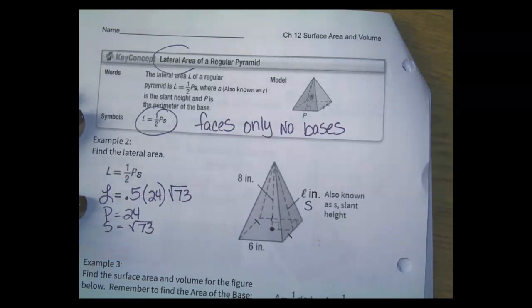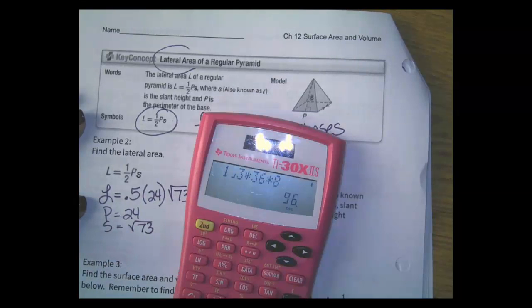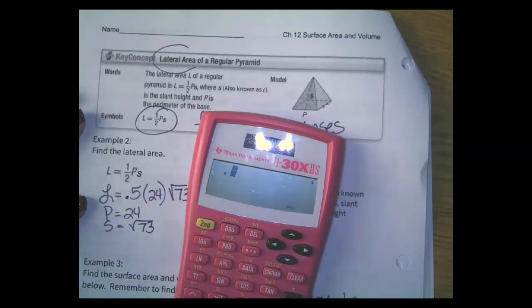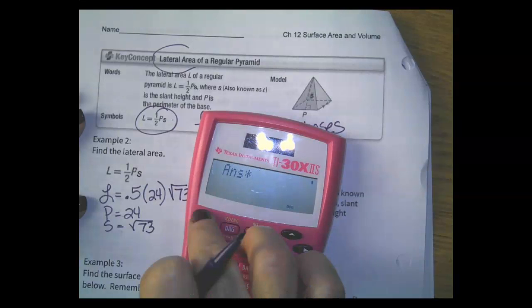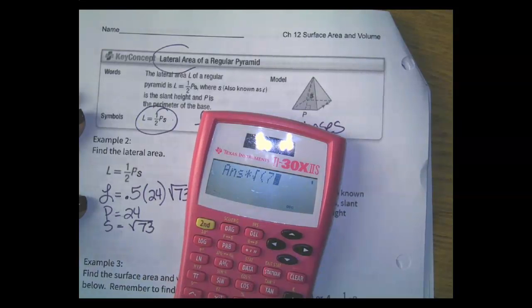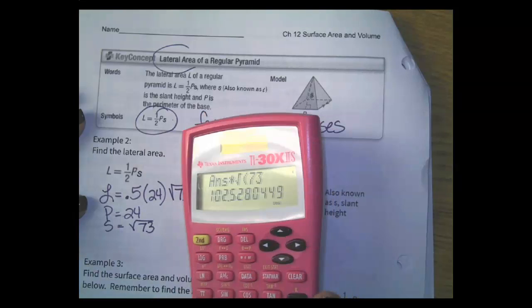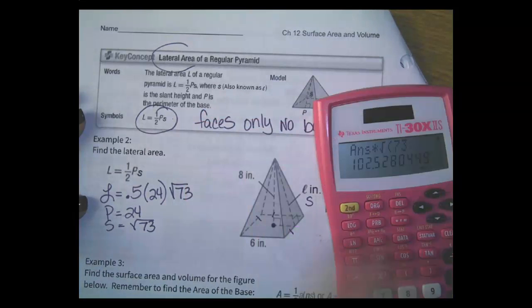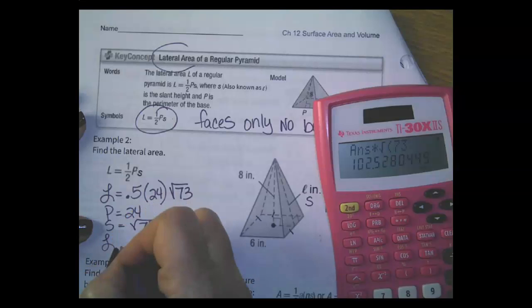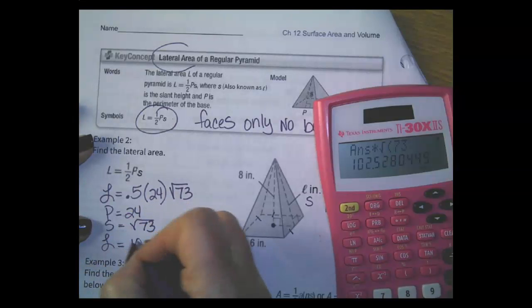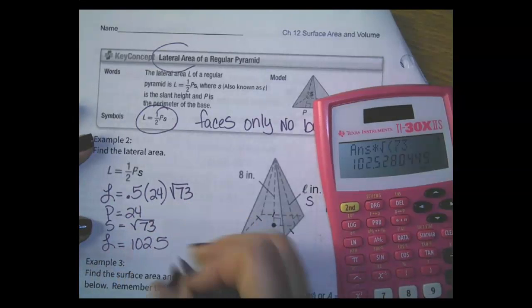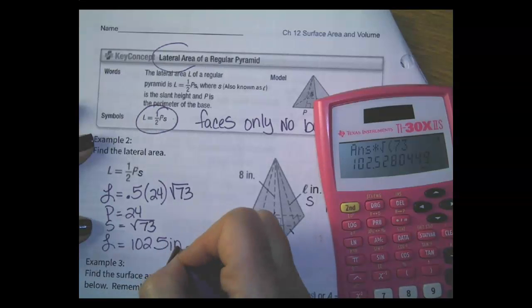And I think that's it. 0.5 times 24 times the square root of 73 equals about 102.5. Lateral area is 102.5 inches squared.